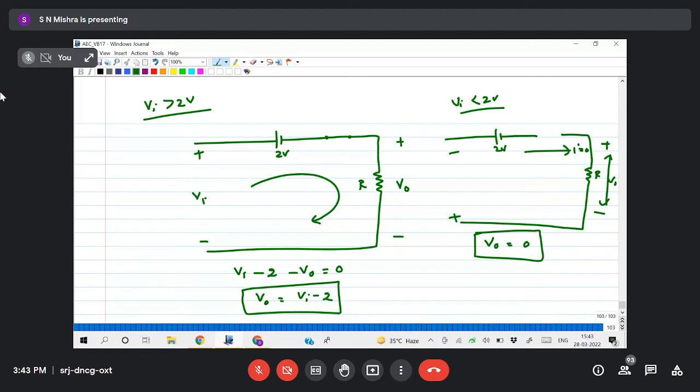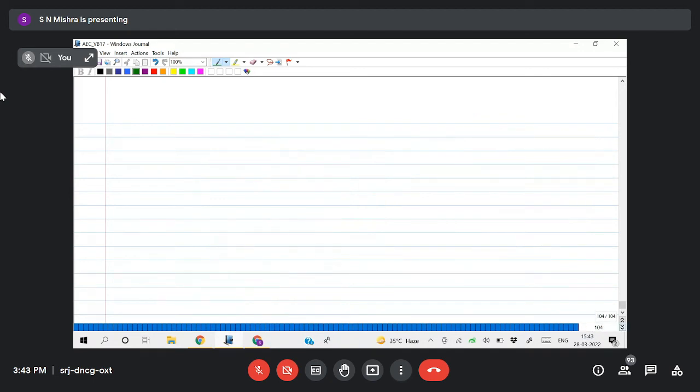So see here how we'll draw the waveform. I'm taking a bigger picture here.